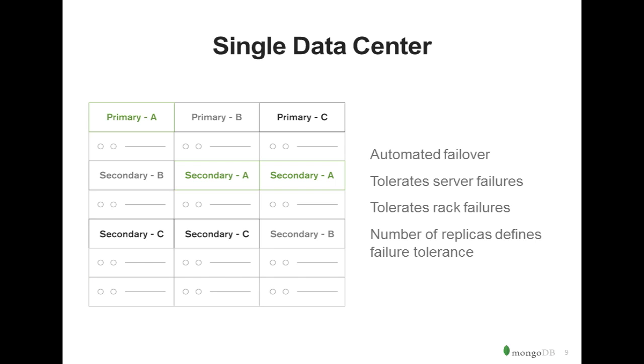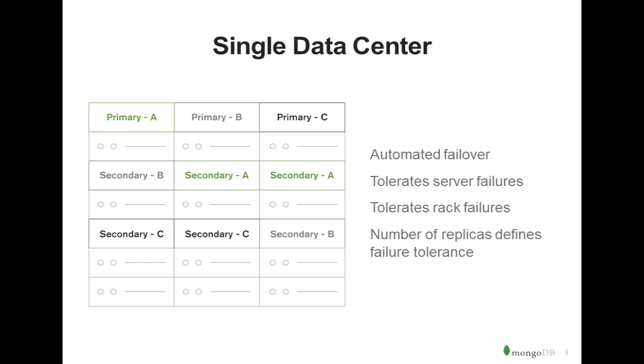The columns here, think of them as physical racks, or if you are on Amazon AWS or something, in a single region, you can think of these columns as availability zones within that region. So this sort of deployment would give you a tolerance for server failures and for rack failures.